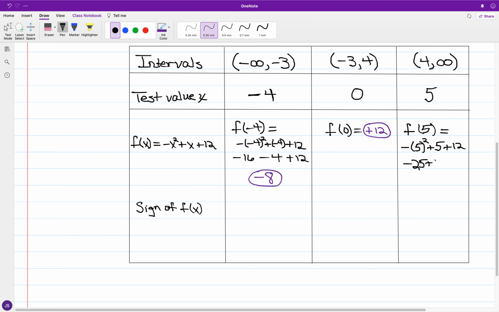You can cluster together and say we have plus 17, but if we just do it gradually, -25 plus 5 is going to be -20, and we have -20 plus 12. Again, that is a bit of history repeating from the first case, where we have the sum amount to -8.